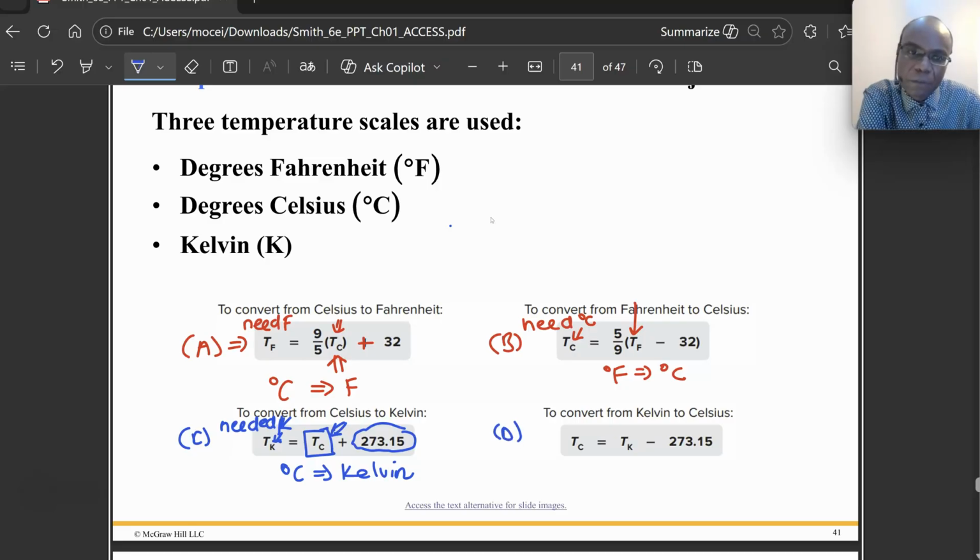Again, if you want to convert your Kelvin scale of temperature to degrees Celsius, so you need degrees Celsius, you will take your given Kelvins and subtract the constant 273.15. Let us do some examples of this.